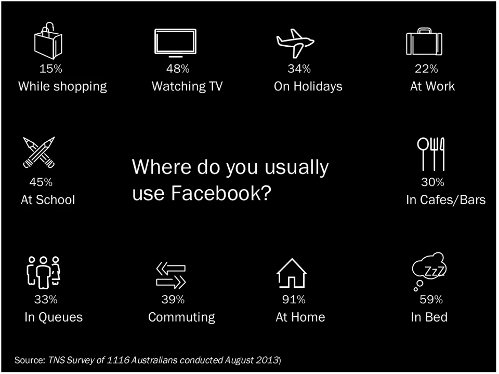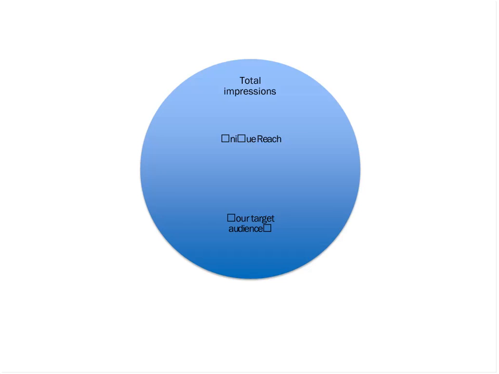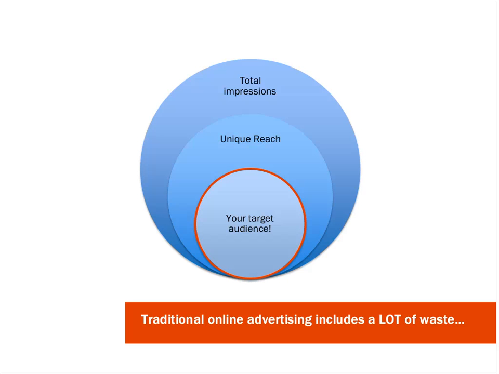They're using Facebook while they're watching TV, on holidays, at work. In bed, 59%. I must admit to having checked Facebook while I'm lying in bed first thing in the morning too. So people are on Facebook at all hours of the day, and it's a fantastic place to reach people who are engaged with your product.